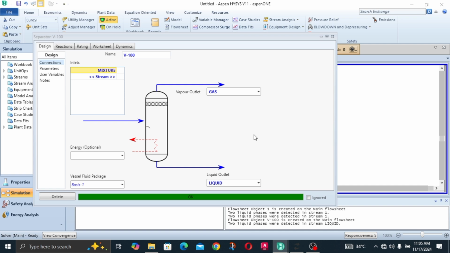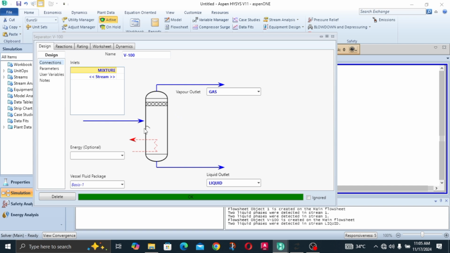And after inputting our inlet and labeling our outlets, the separator automatically solves. On the left-hand side, at the bottom, you can see that we do have a column for the energy stream. We do not need to label it because, as written in brackets, it's optional. So you mustn't really add an energy stream to the separator. All you have to do is input your inlet, label your outlet, and it automatically solves.